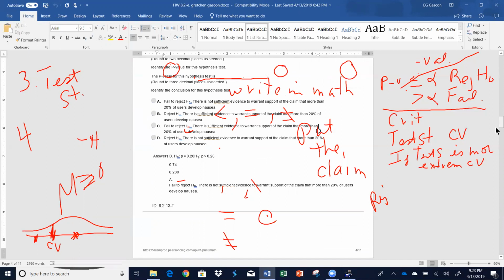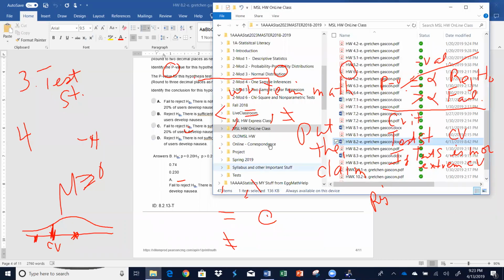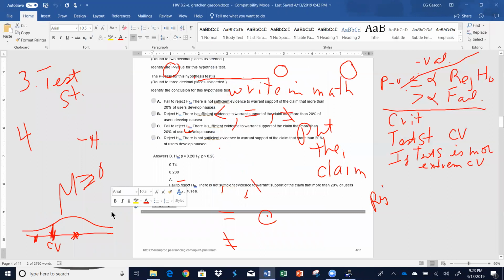The rest of it is step 5. So where do we put the claim? We put it in the alternative. I got rid of that one, so I better bring it back again. Anyway, it's on the first page of the classroom, because I think I posted it for you.